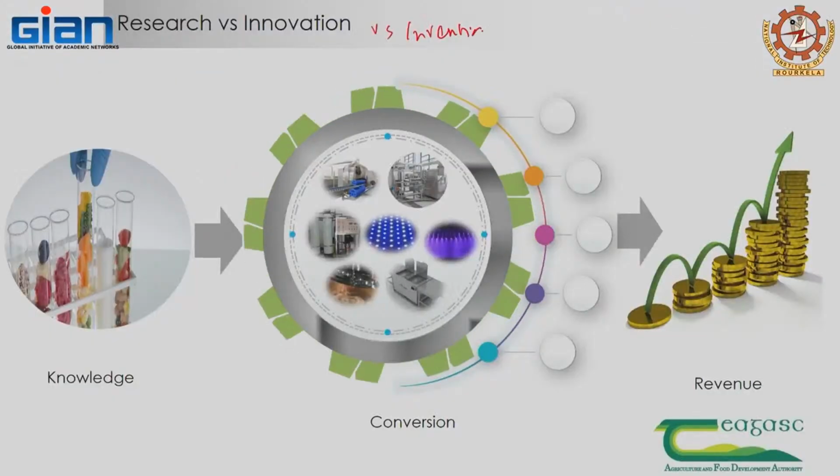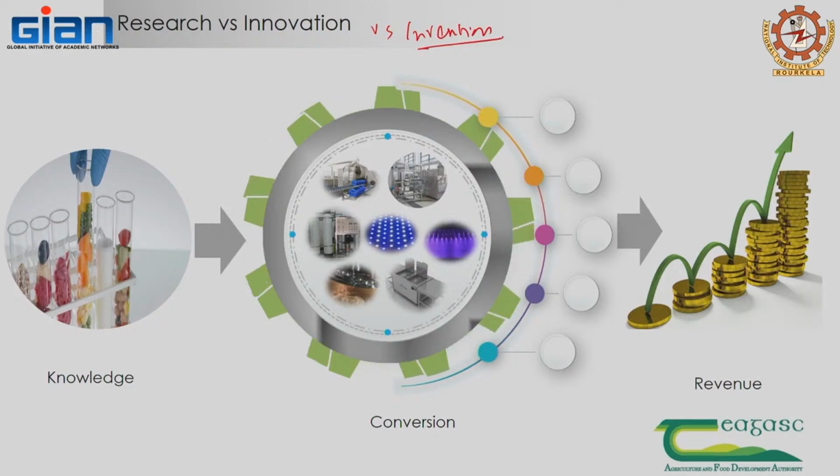So what is the difference between research, innovation versus invention? Invention is to find a new thing. You find something new, that's an invention. But innovation is slightly different. Once you have knowledge and you use that knowledge to convert into revenue, that should be innovation.